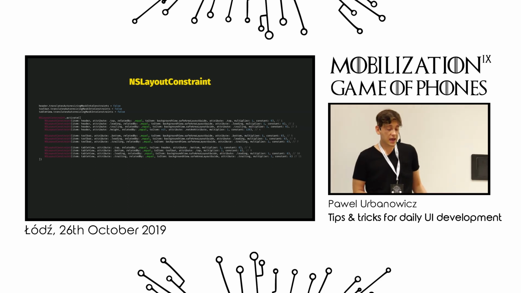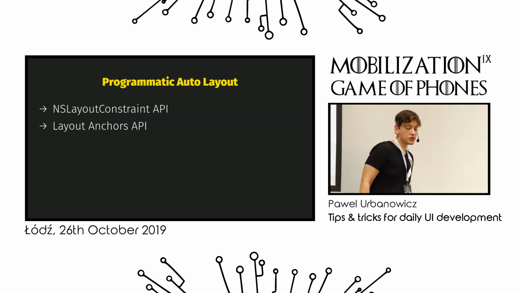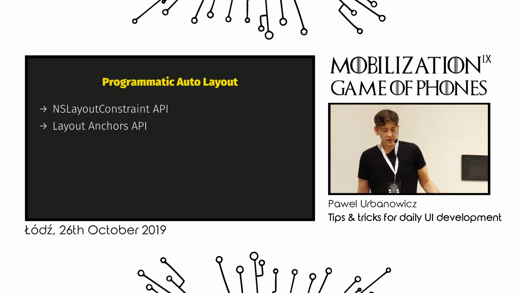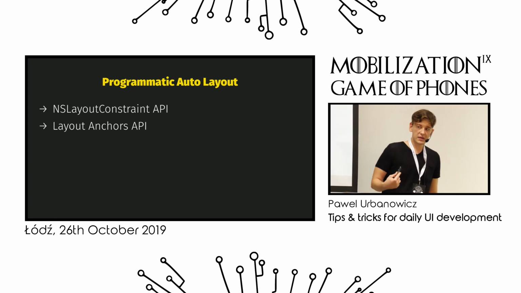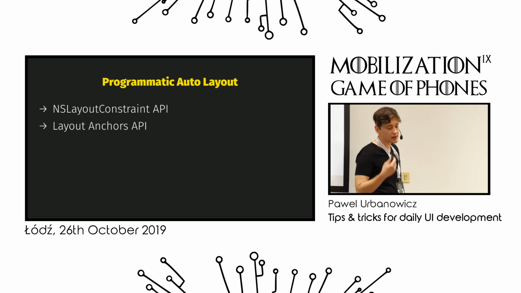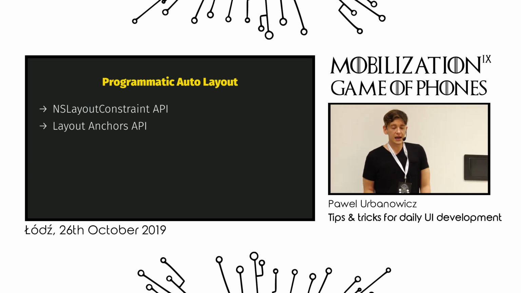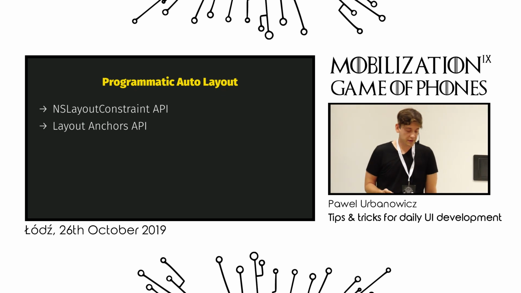But there are different approaches. The other approach is the layout anchors API introduced with iOS 9. It brought us many advantages over the previous one, like additional type checking or an easier and cleaner to read API. So let's take a look at another example of how your interface can be declared using layout anchors.